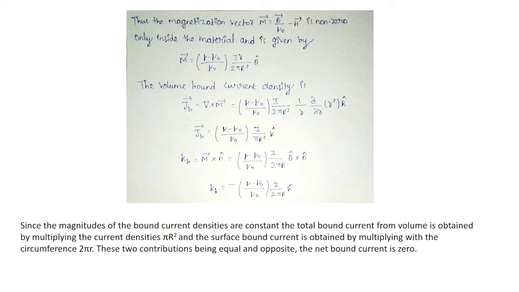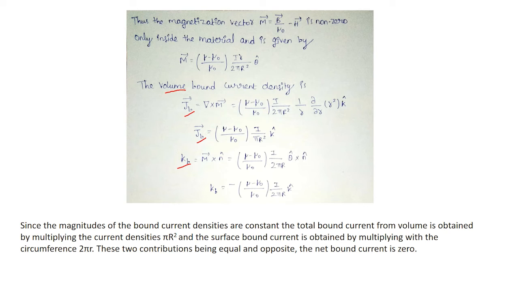We can now find the volume current density J_B by del cross M, which is (mu minus mu naught) I by 2 pi r squared, 1 by r, d by dr of r squared, k cap. By integrating we get J_B equal to (mu minus mu naught) by mu naught, I by pi r squared, k cap.